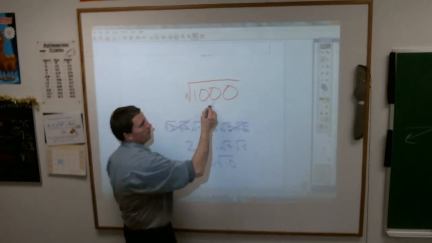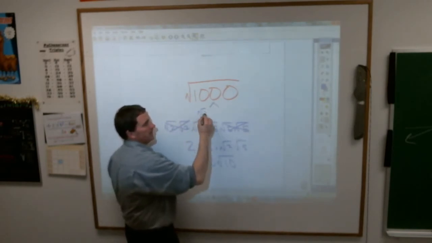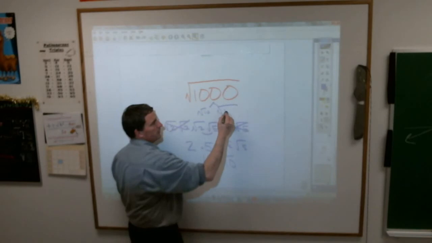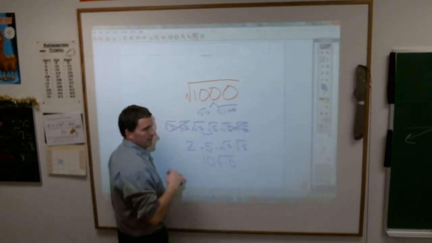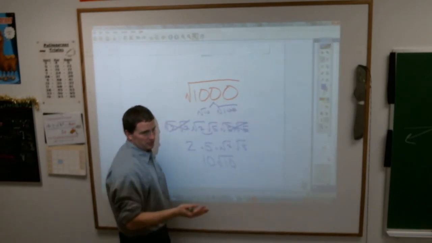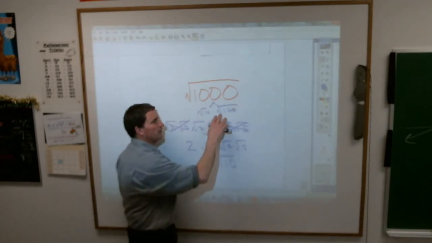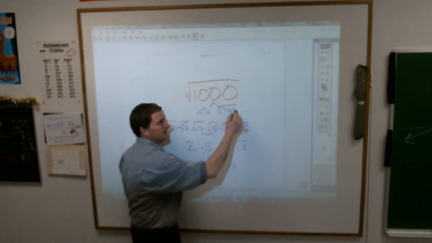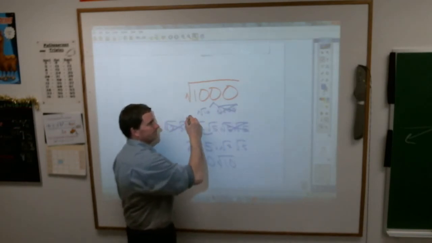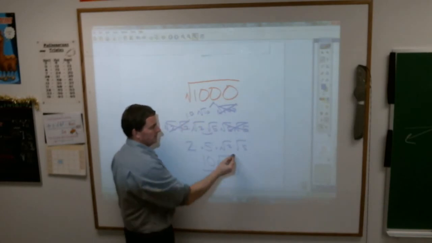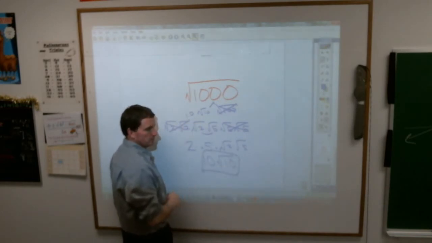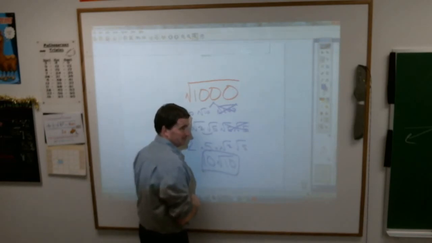For example, 1,000 is the square root of 10 times the square root of 100. And the square root of 100 is a perfect square. You would just say, oh, the square root of 100 is 10. And there is your answer, if you could see it like that.